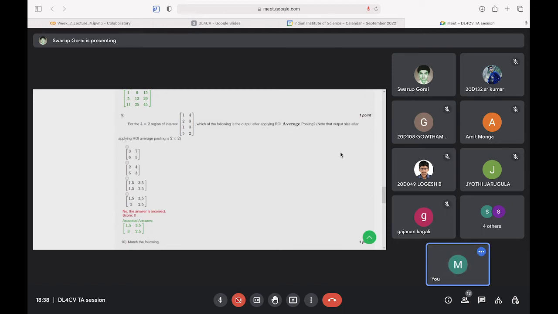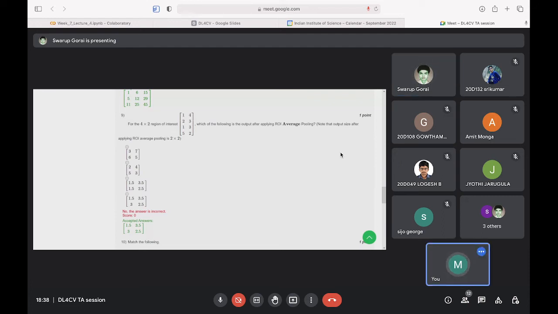How will it happen? 2 rows belong to one block: 1 comma 2 belongs to one block, 4 comma 3 belongs to one block, 1 comma 5 belongs to one block, 3 comma 2 belongs to one block. So you put a 2 cross 2 grid over that region of interest, and whichever falls into whichever group, you average pool over them. So it will be 1 plus 2 by 2, 4 plus 3 by 2, 1 plus 5 by 2, 3 plus 2 by 2.